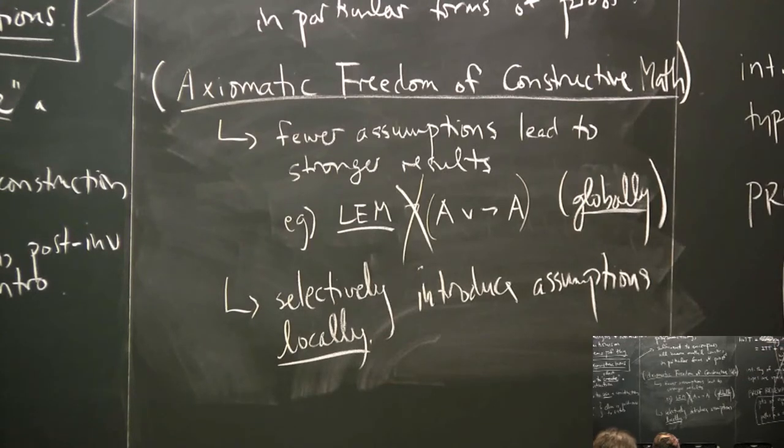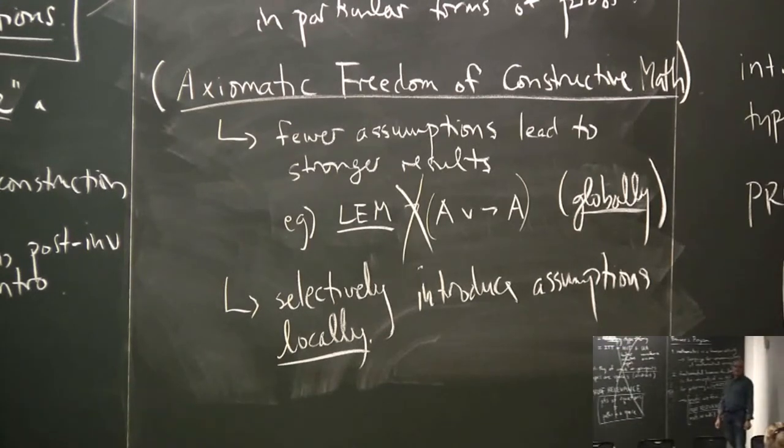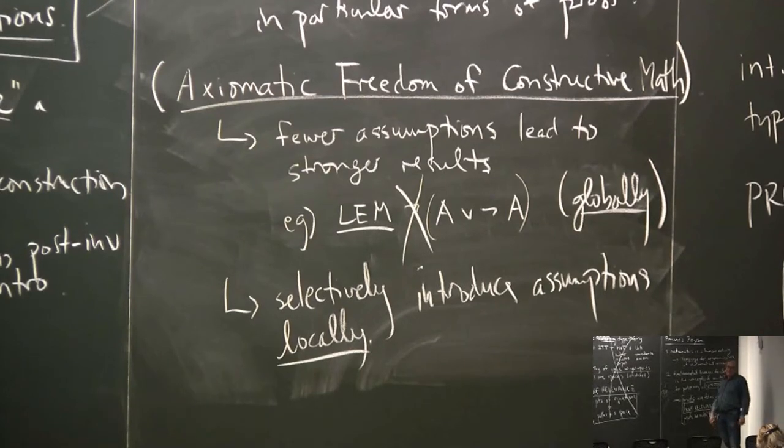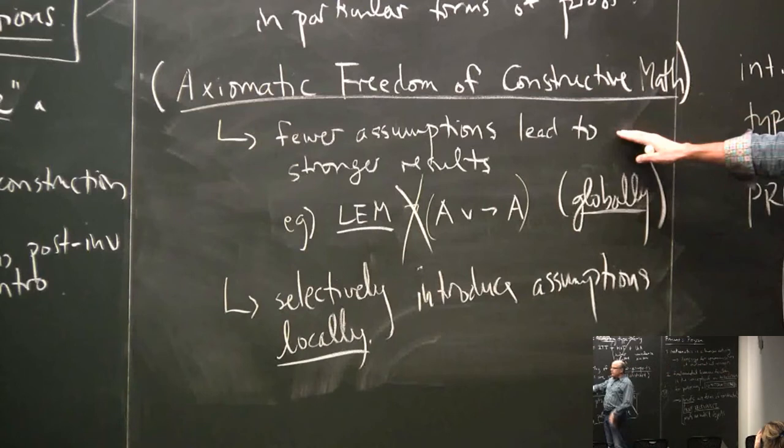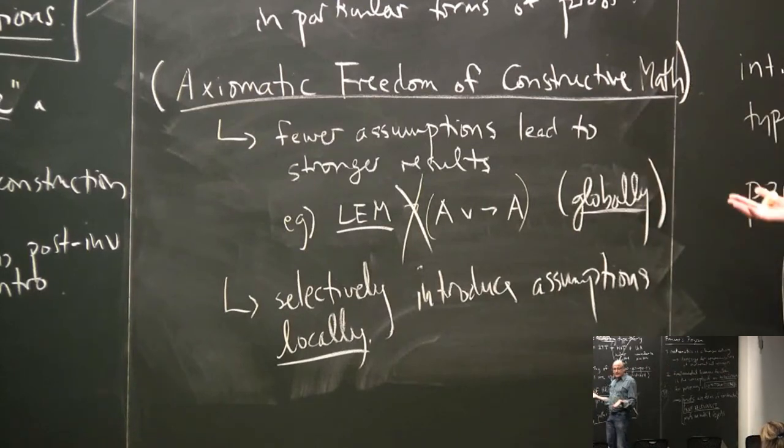It's gone. So it can't be done classically. I love this, okay? This is great because it's just the whole idea. If you make fewer assumptions, you get stronger results. You get a richer arena in which to work.